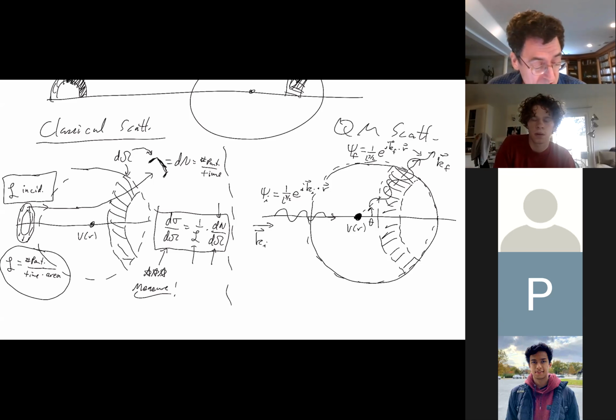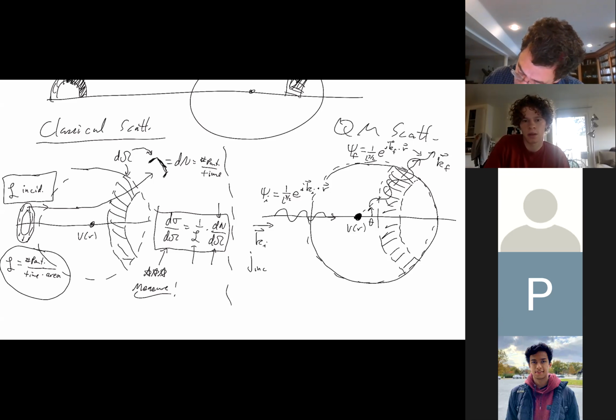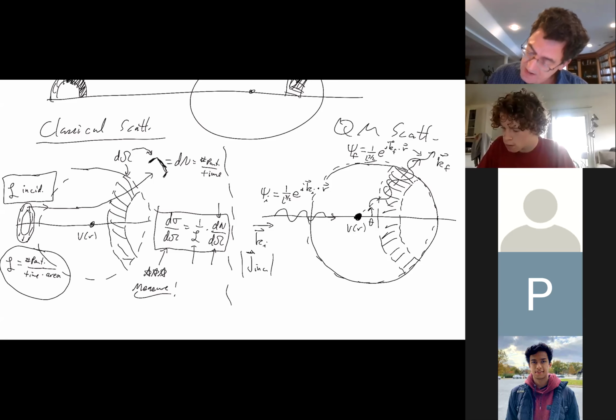What's the quantum mechanical equivalent of this? Is it the probability flux? Yeah, exactly. It's the J incident. It's actually a vector quantity, but I can take the magnitude. And so instead of the number of particles per time per area, what are the units of it in three dimensions?